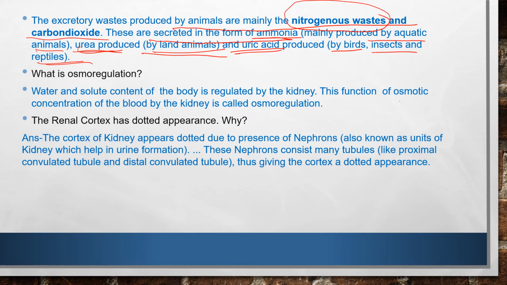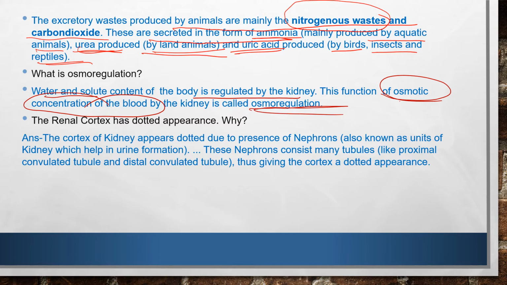Now the next question, a very beautiful question: what is osmoregulation and how to write it? Osmoregulation is the regulation of the water and solute content of the body by the kidney. This regulation of the osmotic concentration of the blood by the kidney is called osmoregulation.